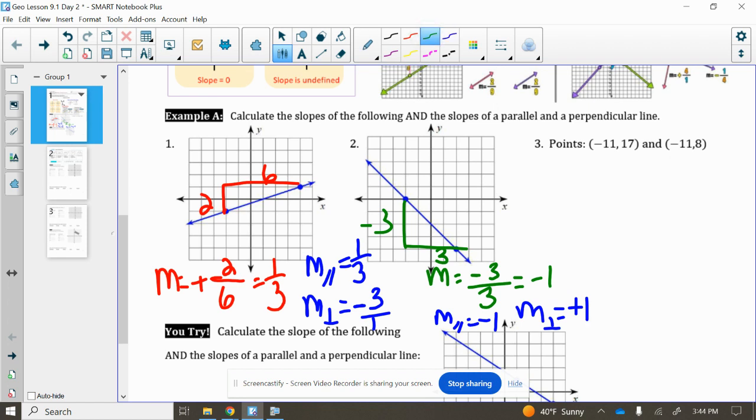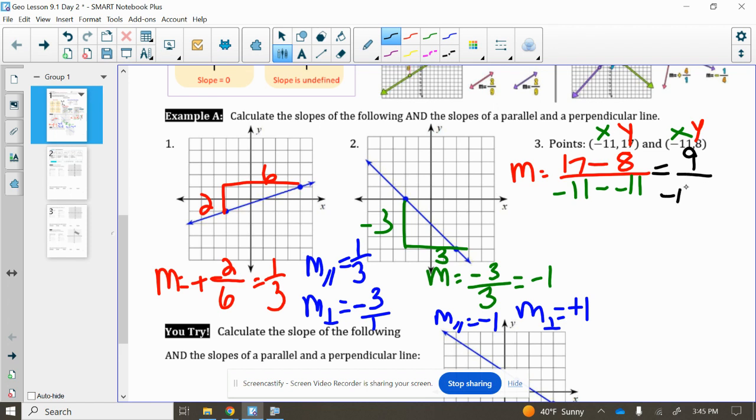Now, in our last example, we are not given a picture, but we are given our x values and y values. So we can calculate our slope by subtracting. So I'm going to take my y values, 17 and 8, and I'm going to subtract those, and then do the same thing with my x values. Subtract those. So 17 minus 8 is 9. Negative 11 minus negative 11 is the same thing as saying negative 11 plus 11, which is 0.